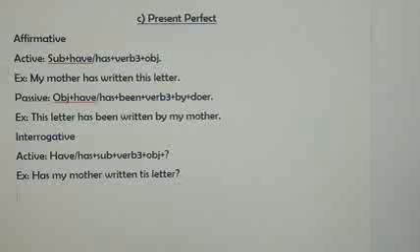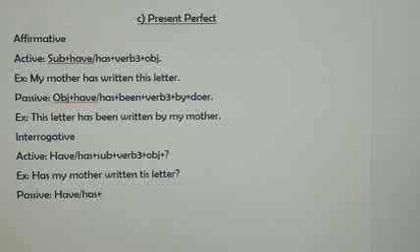And now I need to write the passive structure. After that we can easily convert it into passive voice. Now the passive structure will be: have or has will come before the object.